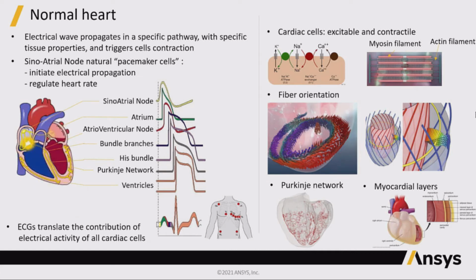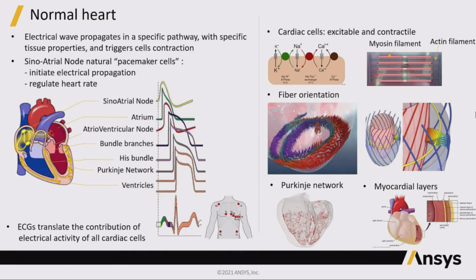For the electrical part of this normal heart, you have a lot of complexity because you have fiber orientation in the myocardium. More importantly, you have the coupling between the organ level and the cell level, and the cell level is where the potential is activated.